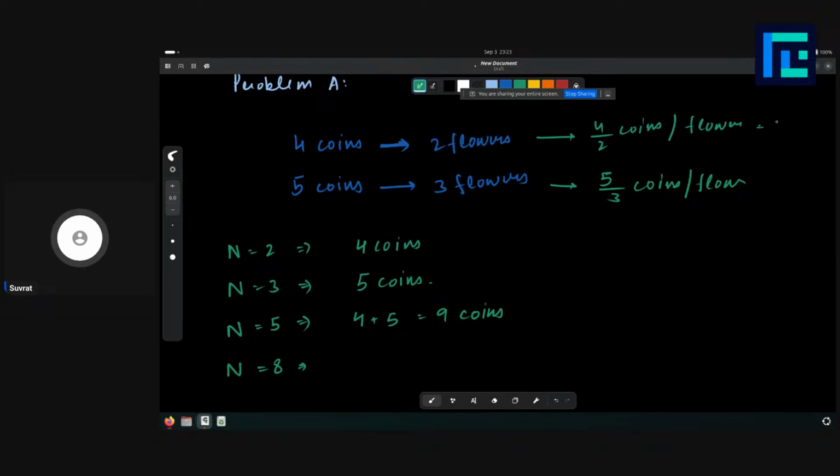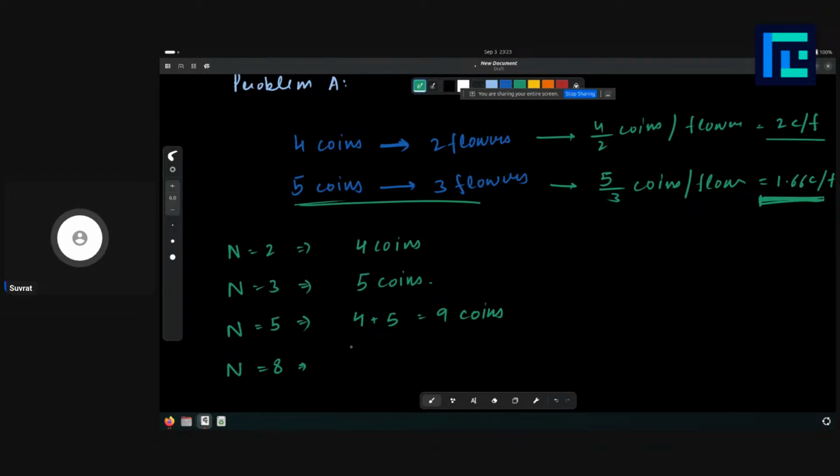So this is 2 coins per flower, and this is 1.66 coins per flower. So we need to do this transaction as many times as possible, because it is cheaper than this transaction. So we need to maximize the number of 5 coins 3 flower transactions that we are doing.